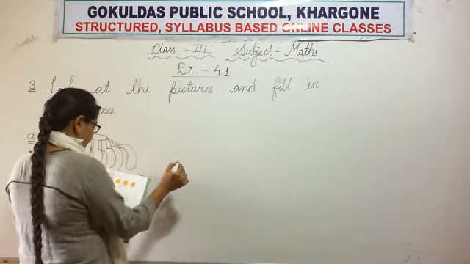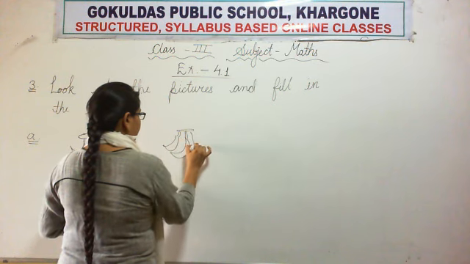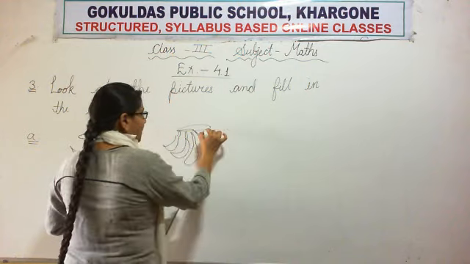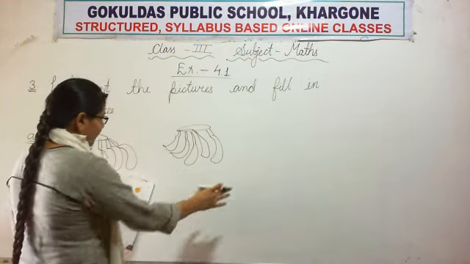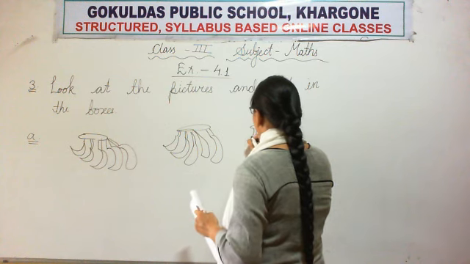Three and 2, 5. Excuse me for my drawing. And 5 bananas in another group. Now the next one, third group.